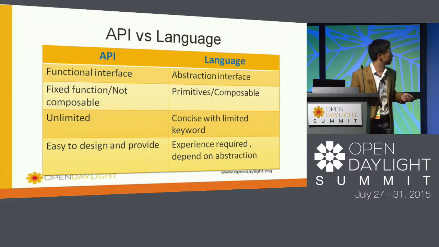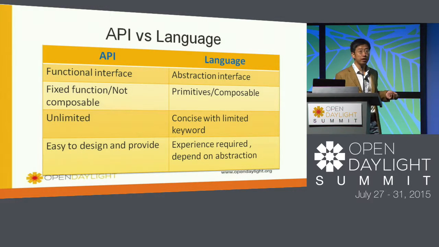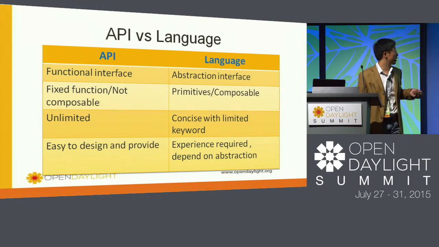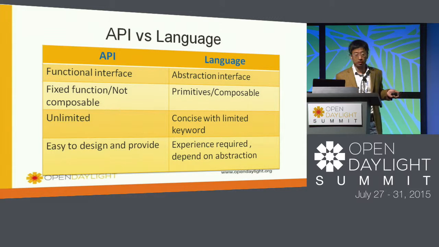language. First, API is based on function, so it is easy to design and to provide. Because we implement some function, we can provide the interface for this function. But the API is always based on fixed functions, so it's hard to compose.